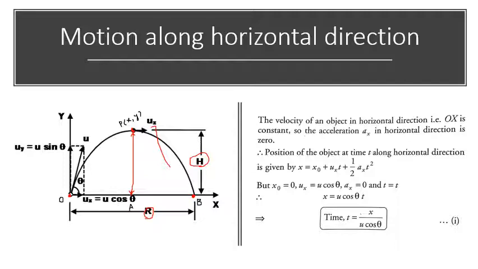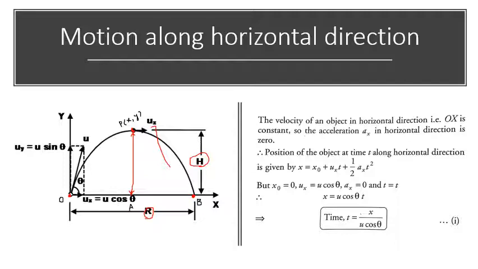Therefore, the position of the object at time t along the horizontal direction: what is the position-time relationship? x equals ut plus half at squared. You may have studied this equation in the previous video. x minus x naught represents the position. So after replacing, you get x equals x naught plus uxt plus half axt squared.